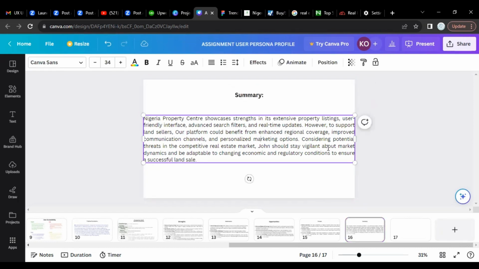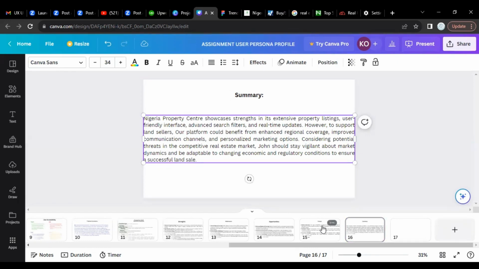Stay vigilant about market dynamics and be adaptable to changing economic and regulatory conditions to ensure a successful land sale. Okay, good.